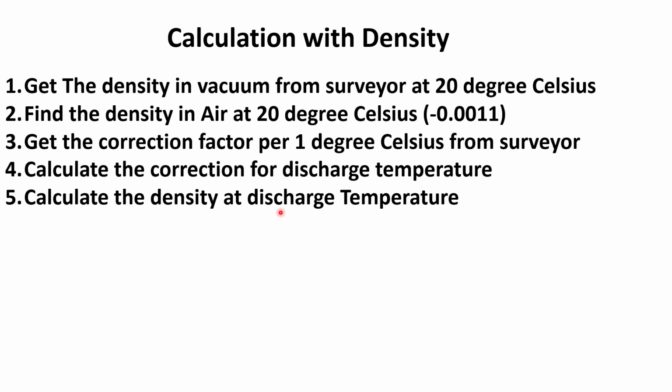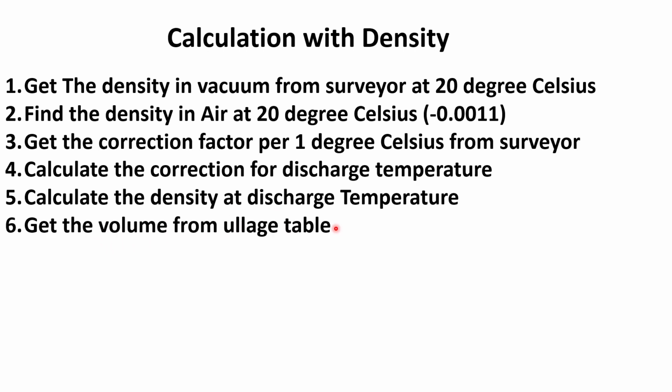Then once you get the density at discharge temperature, you get the volume of the cargo from the ullage table and correct it for trim and list. Most of the time, when you are in the discharge port, 99% of the time you are upright, and you may have a slight trim, maybe 0.5 meter to 1 meter.